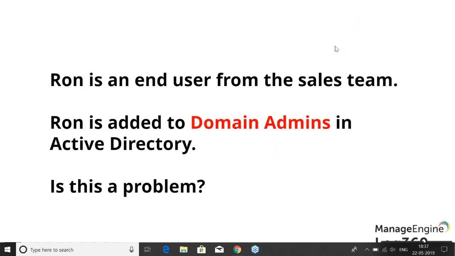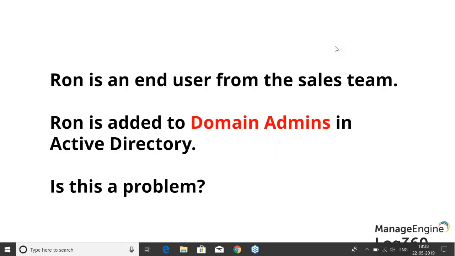So for a lot of you, a situation like this, if it's not corrected, you may be looking at violations to your compliance policies, right? I'm sure you all agree with me. I've picked up a very simple example to get the ball rolling, but this is a thing that we all can relate to and we all are concerned about, right? Because this would be an unwarranted escalation of privileges for one of your regular end users.